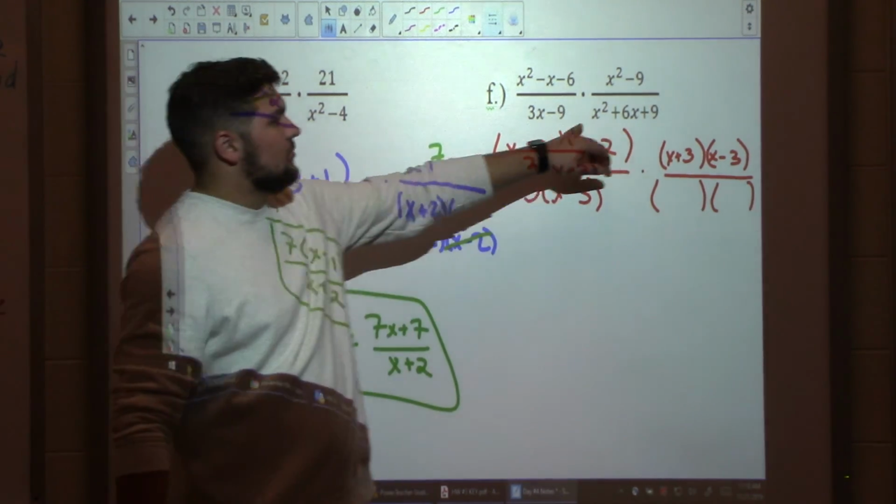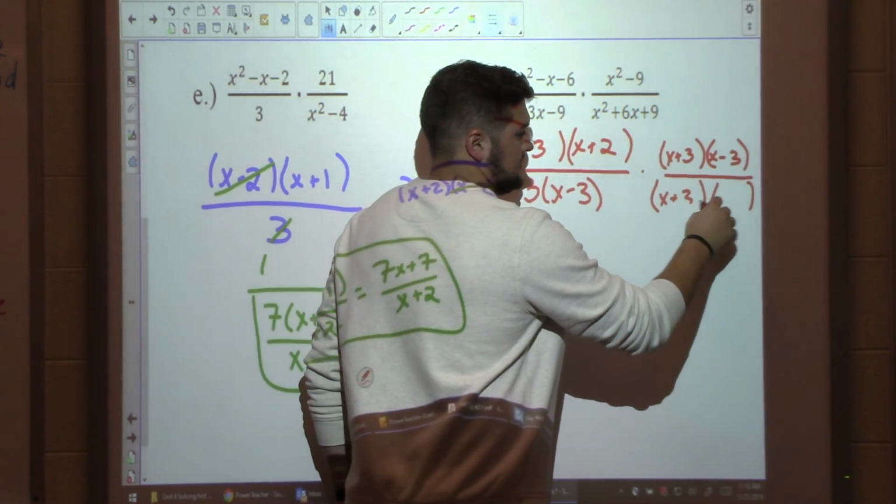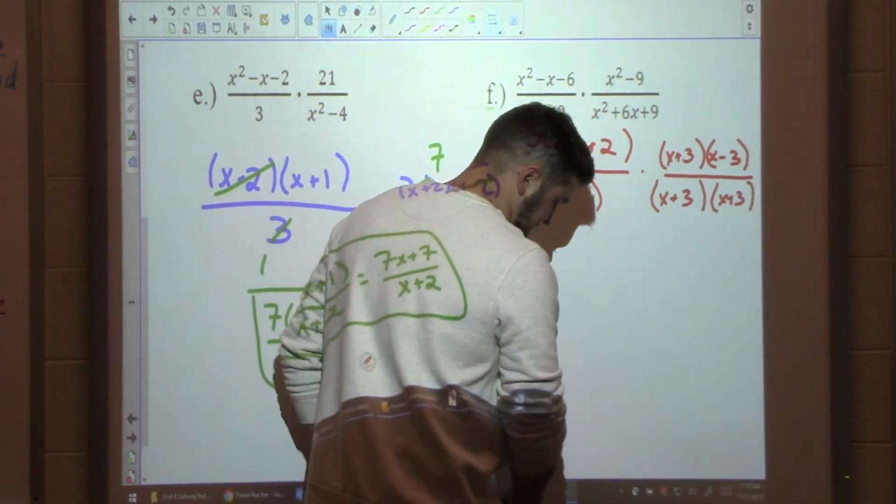Multiplies to 9, adds to 6, we say 3 and 3. Good. x plus 3, x plus 3. Alright, we have factored it.